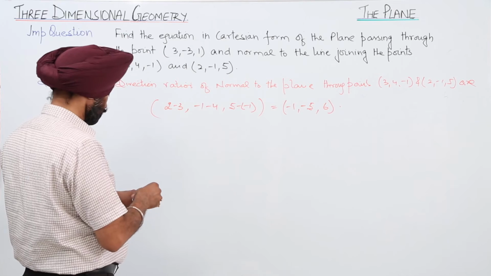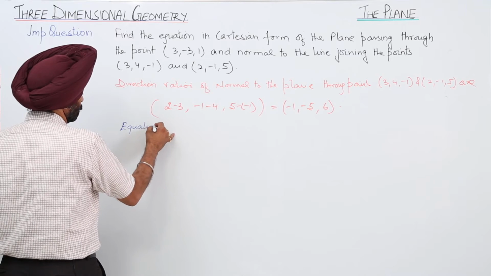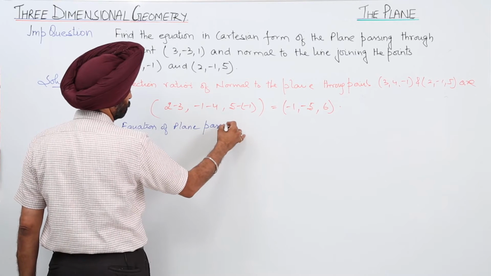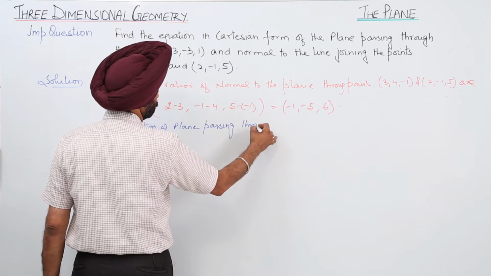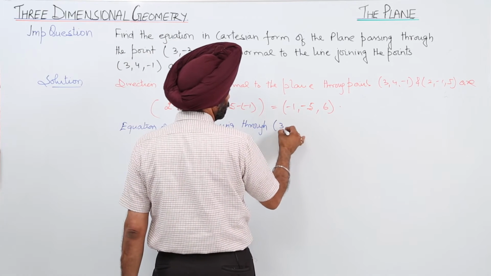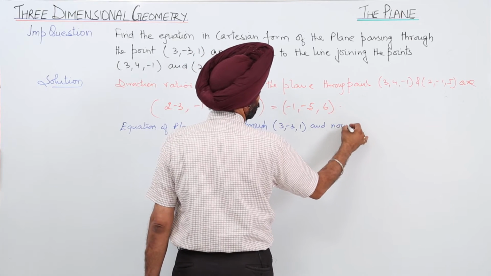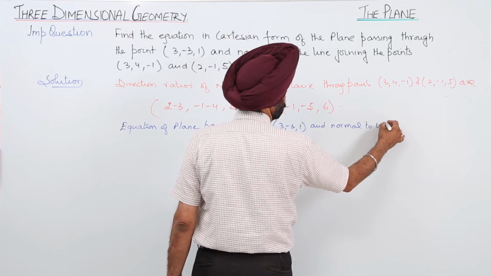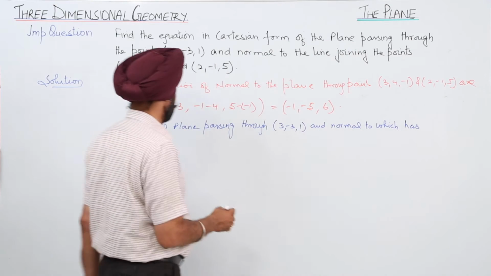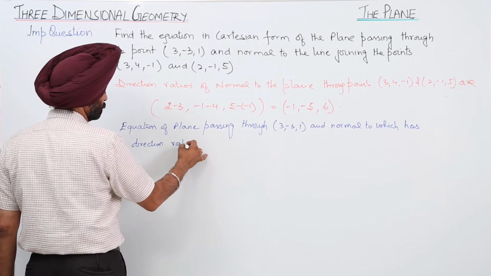Now, equation of plane passing through this point (3, -3, 1), passing through (3, -3, 1) and normal to which has direction ratios.